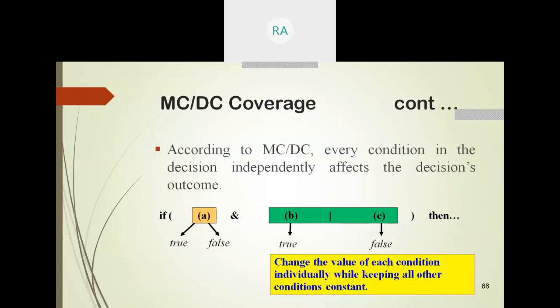You are checking how the particular condition in the decision is independently affecting the outcome. Whenever you are testing, you have to keep one thing constant and change the value of another to test its impact on the decision. Then only you will get to know. MCDC coverage involves these things.